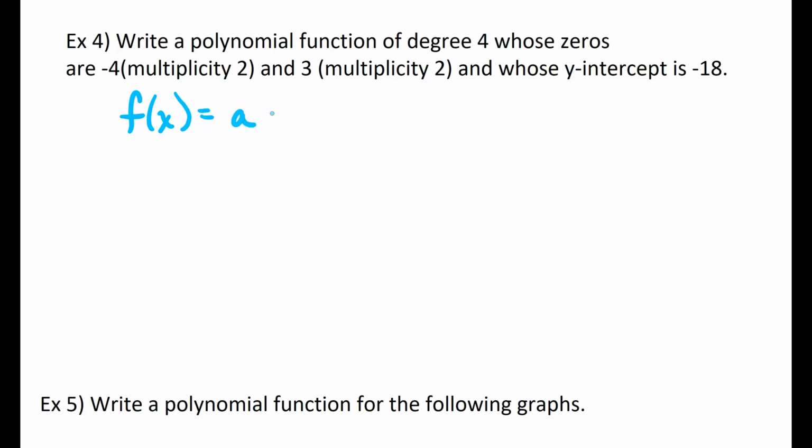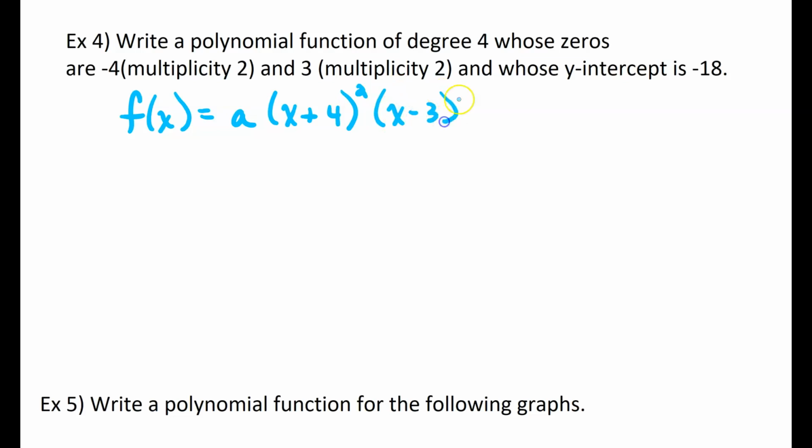Okay, now I'm going to look at my zeros. If I have a 0 of -4, what is the expression that comes from? X plus 4. And because it has a multiplicity on it, what should we do with that? Square it. All right. We have a 0 of 3. What's the expression that's from?